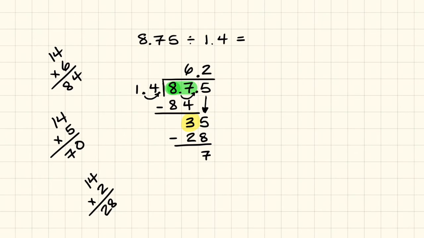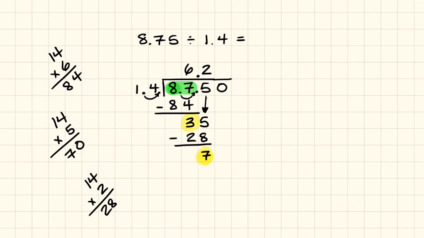Now here's where we get to a point where we've got some left over here, but we are out of numbers up in the top part. So we're out of numbers here, but yet we still have work to do. Well, what we can do, without changing the value of the number, is add a 0 right there.